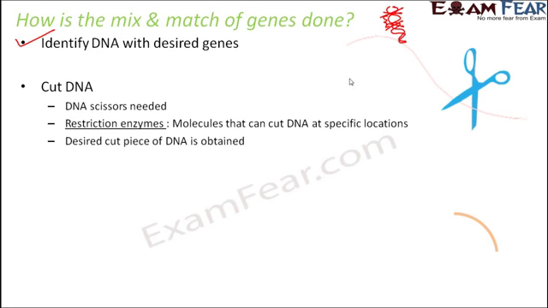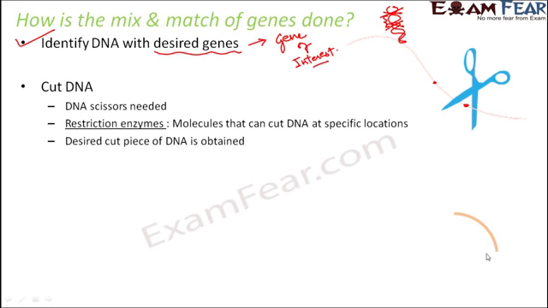Once the scissor is able to cut the DNA, let us suppose this is the entire strand of DNA and you are just interested in this much portion. So the scissor cuts it from here. You get a piece of DNA, and this piece of DNA contains the desired gene, which is often known as the gene of interest, because we are interested in this gene.